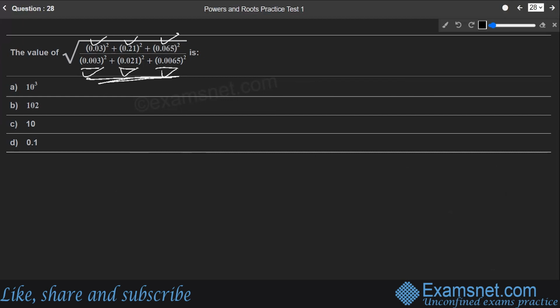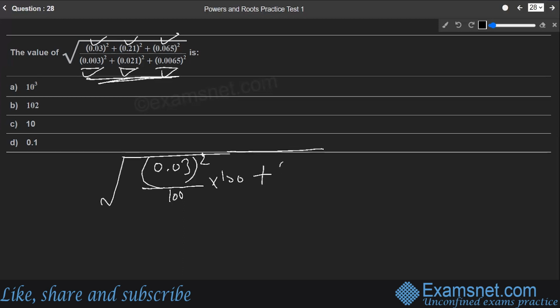To do that, on the numerator we can do 0.03 square is given, and if you want to make it 0.003 square, then we'll have to divide this thing by 100. But if we divide this by 100, then we'll have to multiply this by 100 as well, otherwise the value will change. So this is the first thing done.